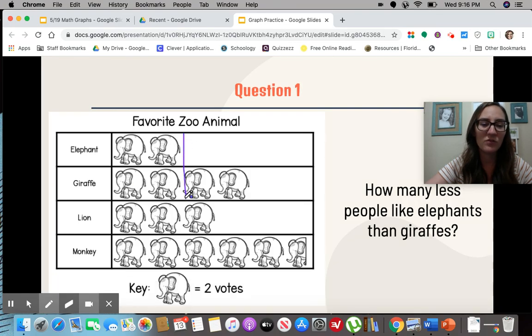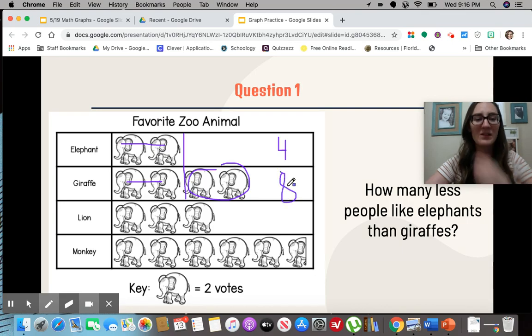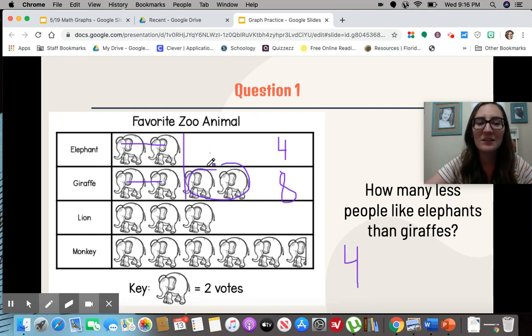So if I compare, those are the same. This is how many more. But remember, it's count by 2s. So 4 people like elephants, and 2, 4, 6, 8 people like giraffes. The difference is 4. 4 less people like elephants than giraffes.